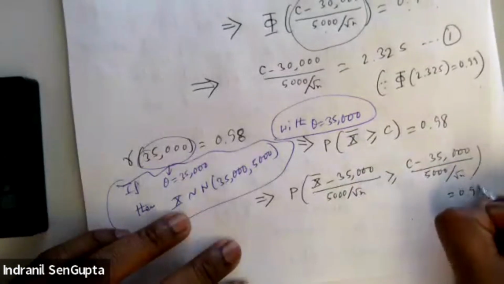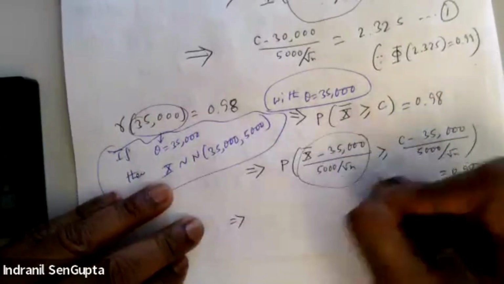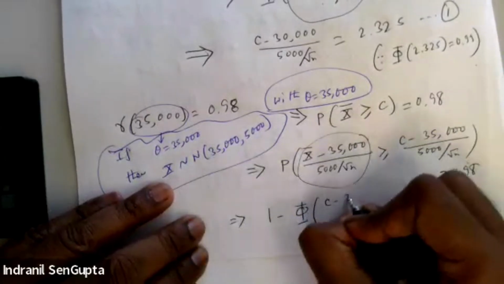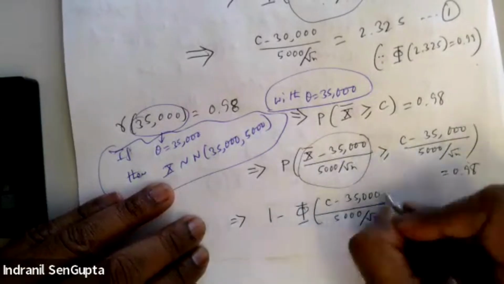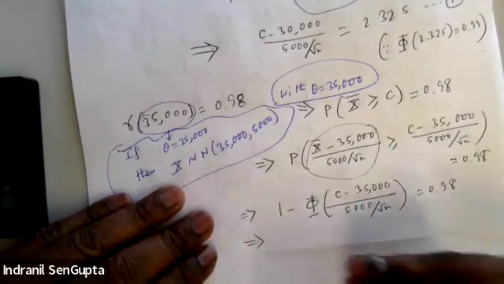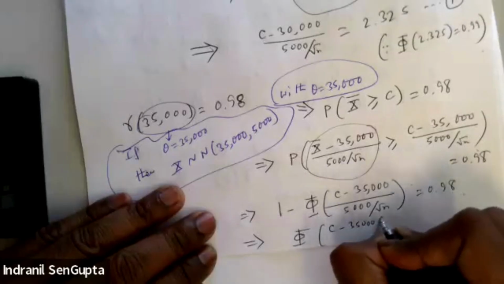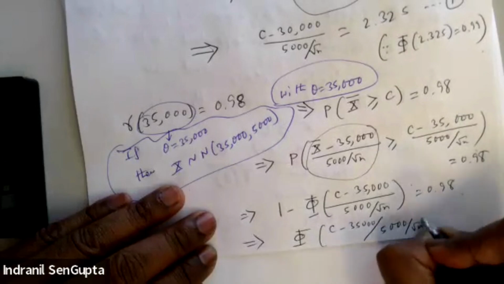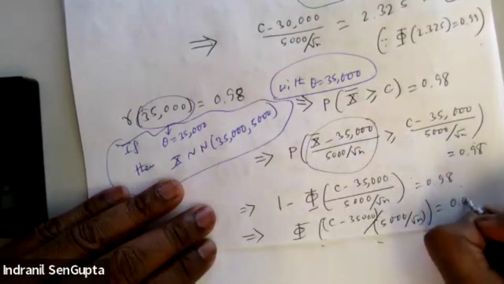So this is 0.98, and this is z. So z bigger than something. So it's 1 minus phi of (c minus 35,000) over (5,000 over square root of n) is 0.98. And therefore we get phi of (c minus 35,000) over (5,000 over square root of n) is 1 minus 0.98, which is 0.02.